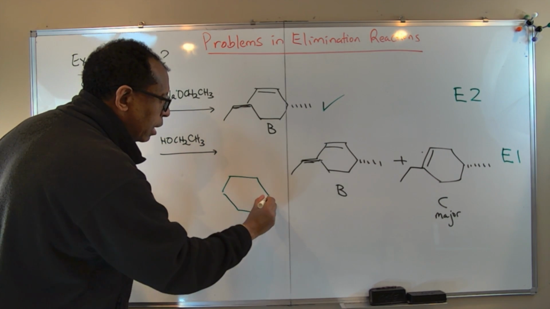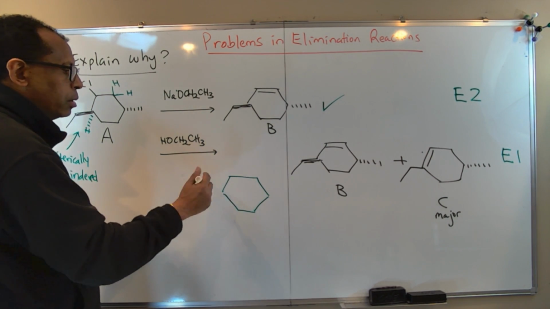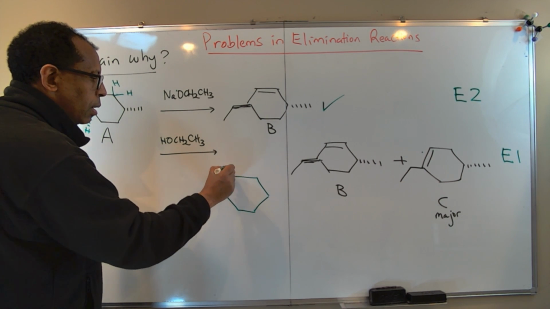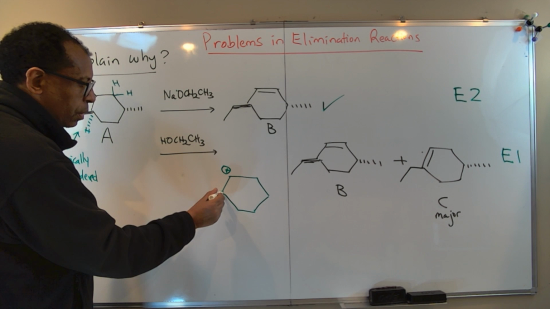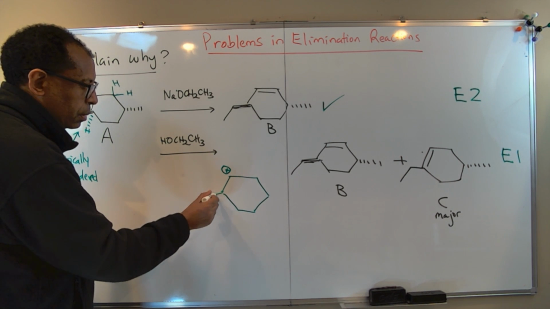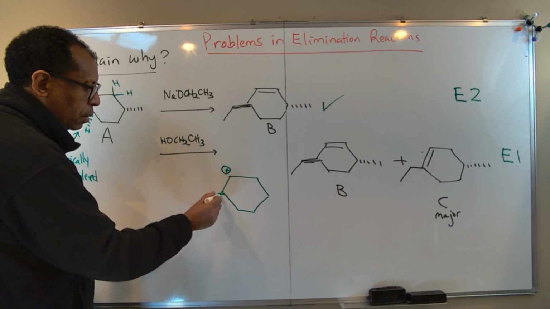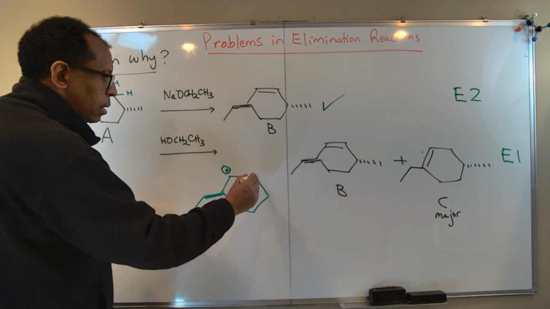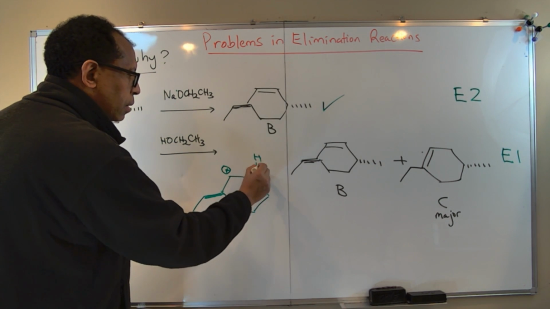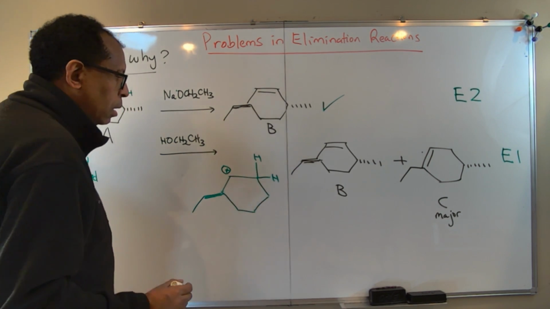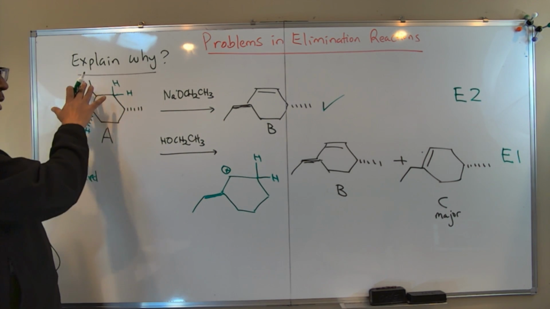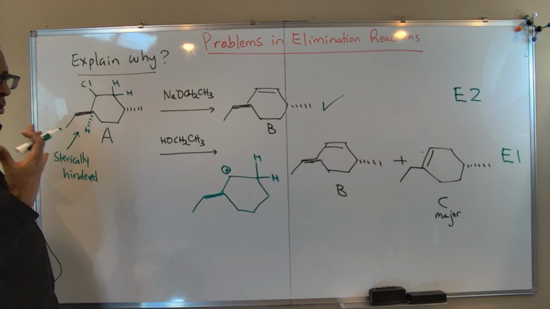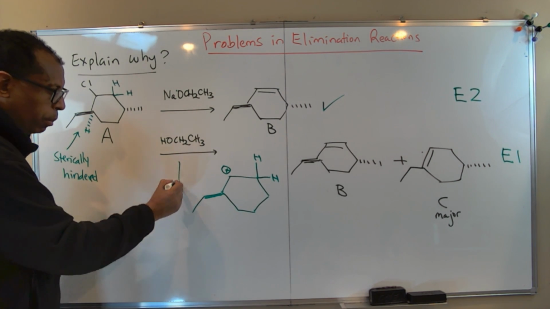So the base doesn't have to come into a crowded area first. In the transition state, the chloride has already gone, so this is not sterically demanding.